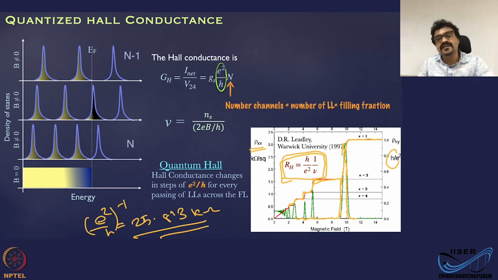In a three-dimensional system, you will not have this condition met, so you will not get this quantization because you don't have a perfect 1D channel there. You would see oscillations in the Rxx, but you will not see the quantization in Rxy.